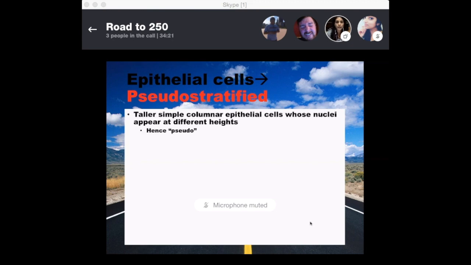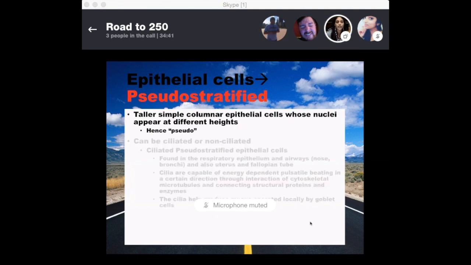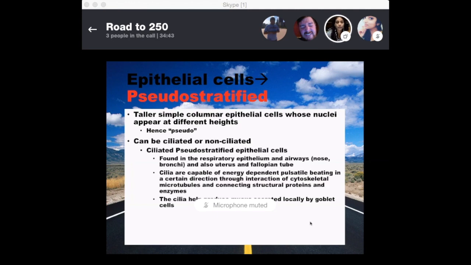However, we also see pseudostratified, and these are taller, simple columnar epithelial cells whose nuclei appear at different heights, and because of those different heights, it can be confused under the microscope, hence why it's called pseudo.